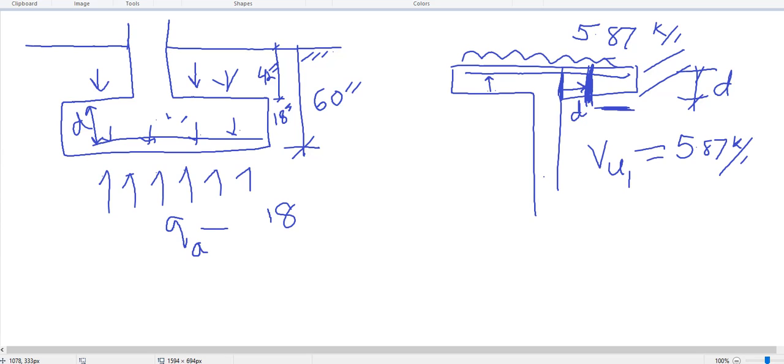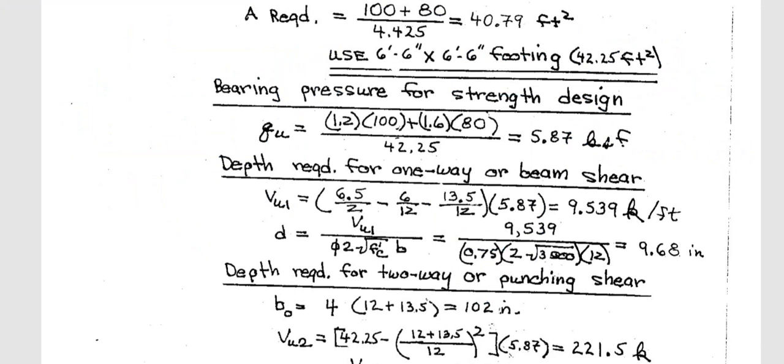That distance should be, if I do this portion is 6.5 feet divided by 2, then I will deduct half of the column and then d, the distance. That is what your book or the solution did. You can see here 6.5 by 2, it means at the middle of the foundation, then 6 by 12. 6 means half of the column divided by 12, so 0.5 feet. 13.5 is your d divided by 12.